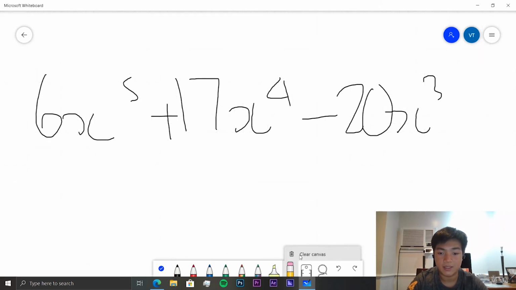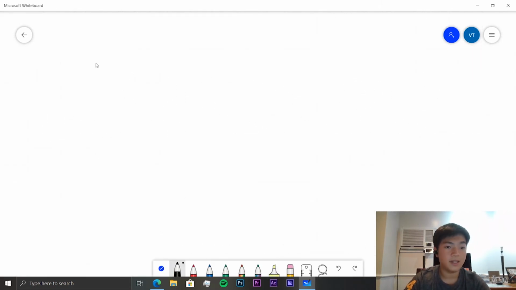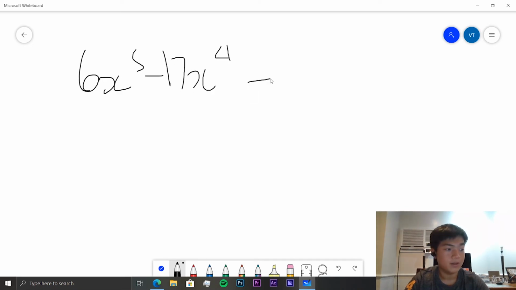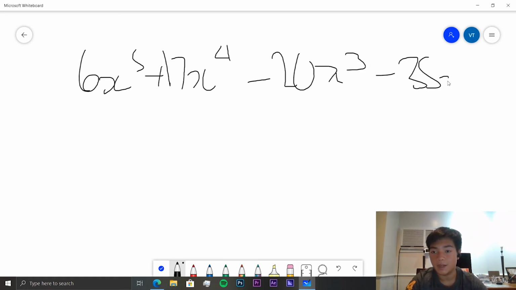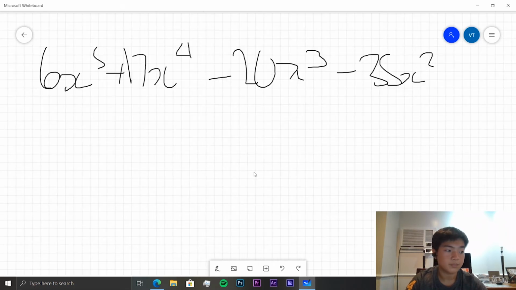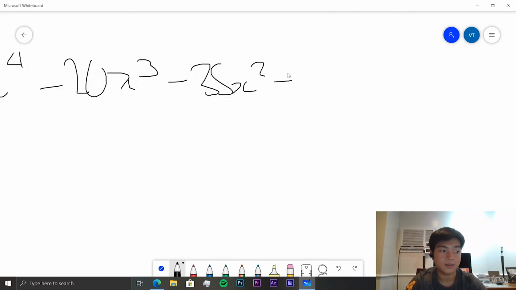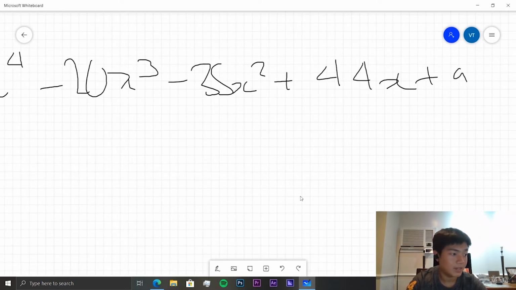Let me clear this again. So we have 6x to the 5 plus 17x to the 4 minus 20x to the 3 minus 35x squared plus 44x plus a is divisible by 2x plus 1. Find a.